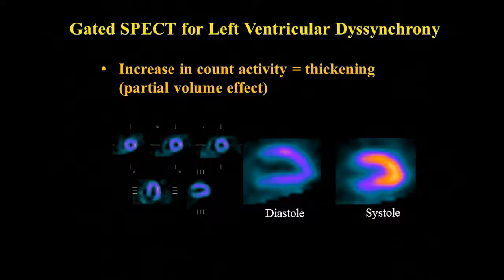SPECT inherently is a poor spatial and temporal resolution technique, but the advantage of that poor spatial resolution is that there is a linear relationship between thickening and count density. So as your myocardium thickens in systole, there is an increase in the count density of the myocardium, as you can appreciate here. In systole, your myocardium is brighter and it has more counts as opposed to in diastole. Keep that thought in mind.